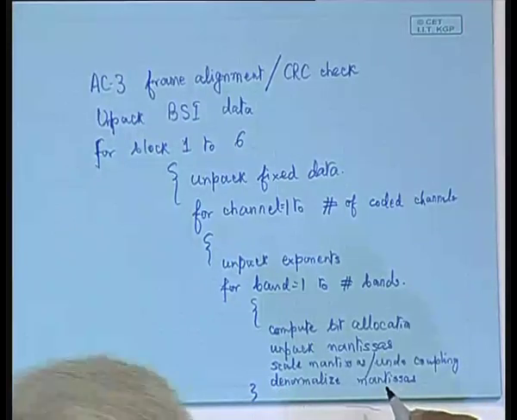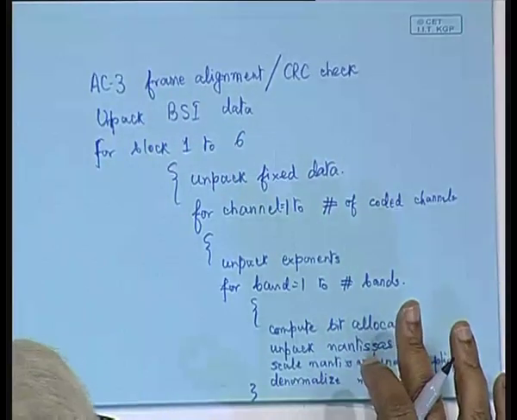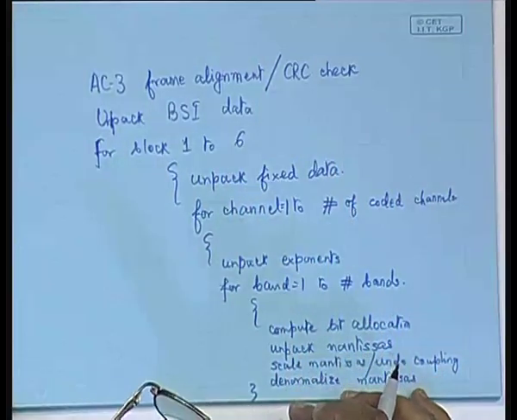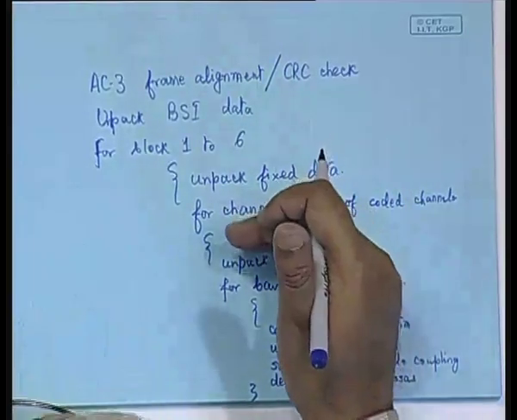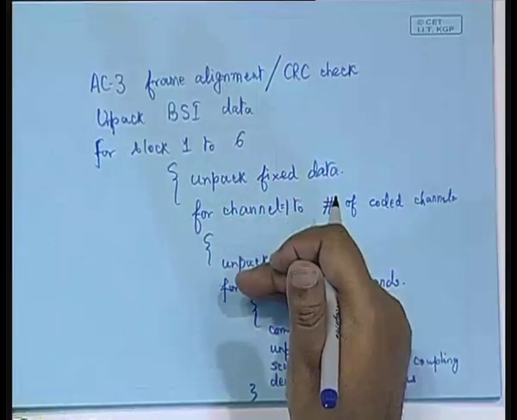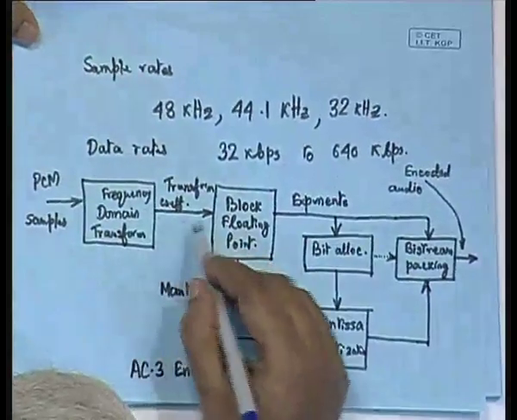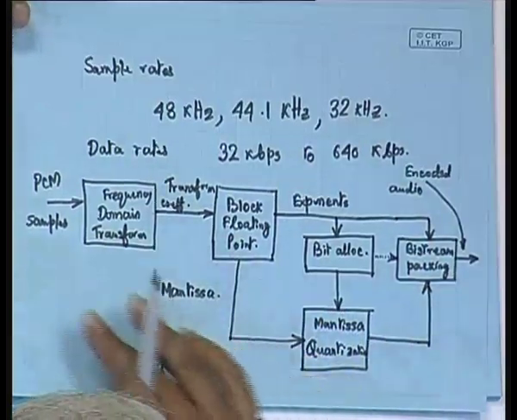After doing that, note that these data are in the transform domain, because so far we have extracted only the transform coefficients. Remember the overall block diagram: there is a frequency domain transformation, and then the transform coefficients are split into the exponent and mantissa.